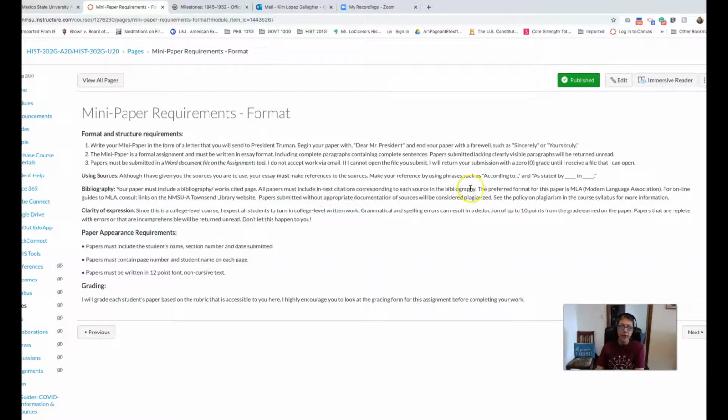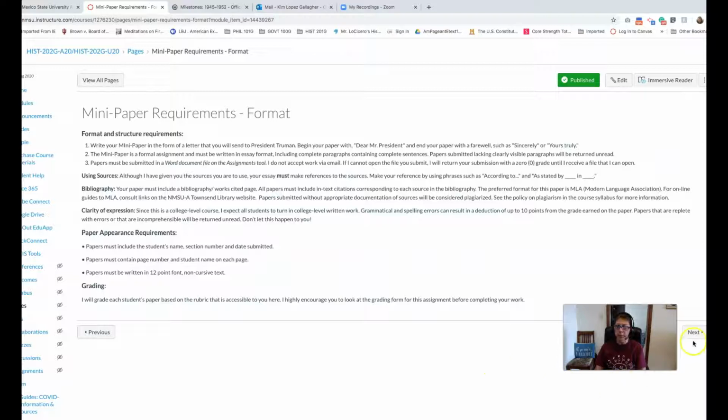It tells you how to use signal phrases, so that whenever you use information from a source, you say according to, as stated by, and I gave you some specific instructions. You need to include a bibliography as well as in-text citations, and those are citations that are within the body of your essay. That's extremely important.